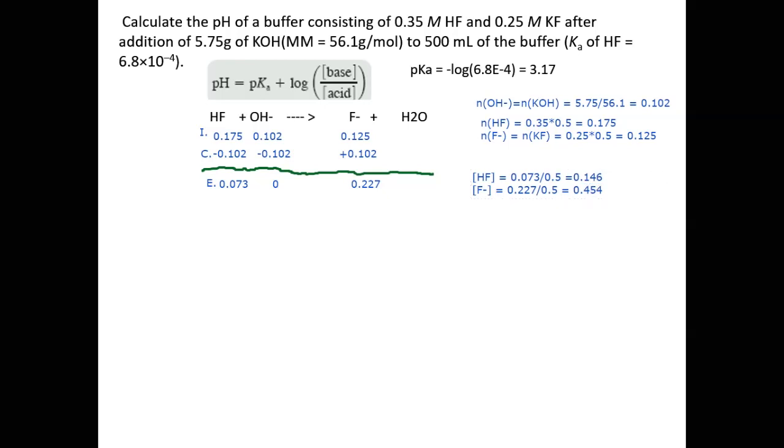So now we have the concentrations. We can calculate the pH. pH equals 3.17 plus log of concentration of base divided by acid. And again, since the concentration of weak base is greater than the concentration of weak acid, our pH should be above the pKa.